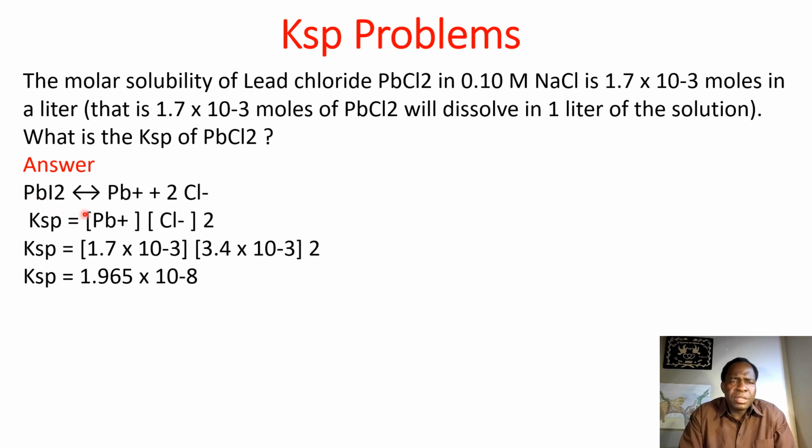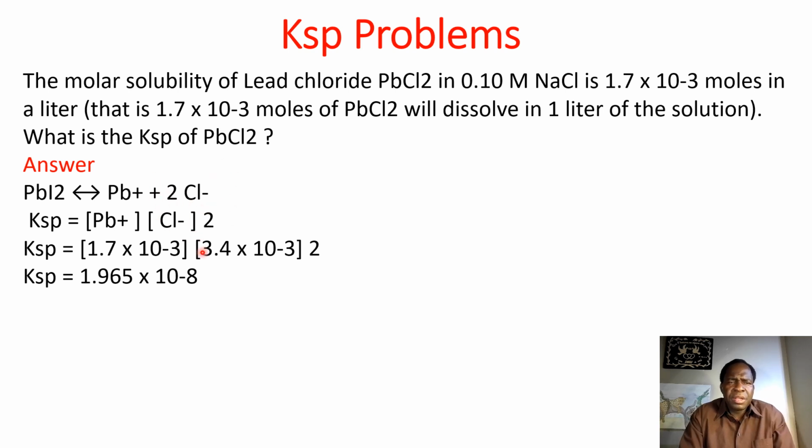Lead chloride will dissolve into solution into lead ion and chloride ion. If you balance the equation, it gives you Pb2+ plus 2 Cl-.